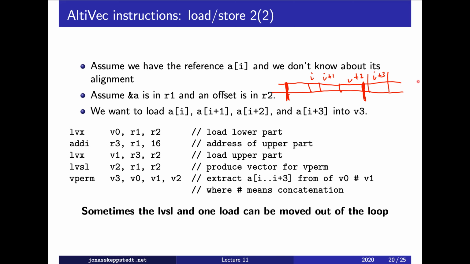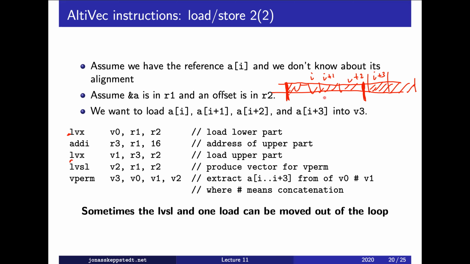So what we do is load 2 vector registers, that one and that one. We do 2 loads, 1 and 2, and then we create a bit pattern to select the proper bytes from these 2.